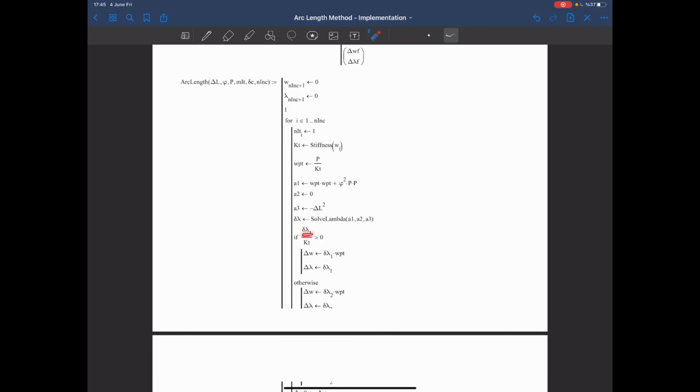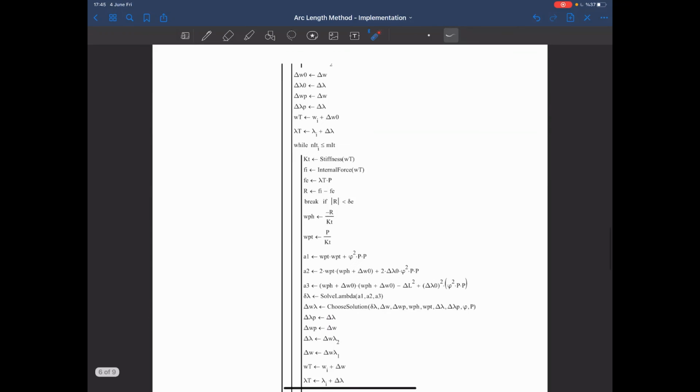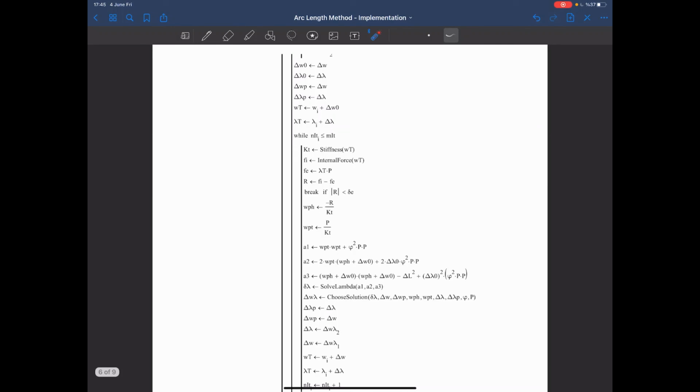If the sign of lambda 1 is equal to the sign of the tangent stiffness matrix, I'm just choosing these two, calculating these two by using the first root. If not, I'm using the second root. So I'm doing the initialization here. I'm saying that this is my first predictor solution. These two represent the first predictor solutions.